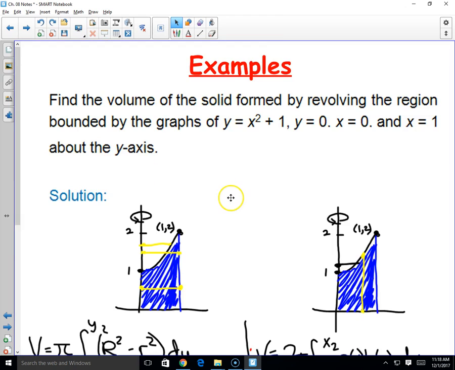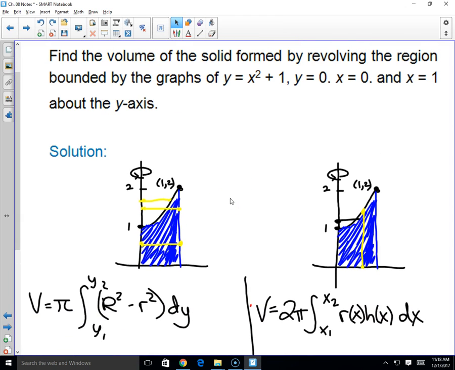Can anybody help me out as to why? For the first figure, if I was to do this in terms of y with discs and washers, I would need to do discs from 0 to 1 and washers from 1 to 2.